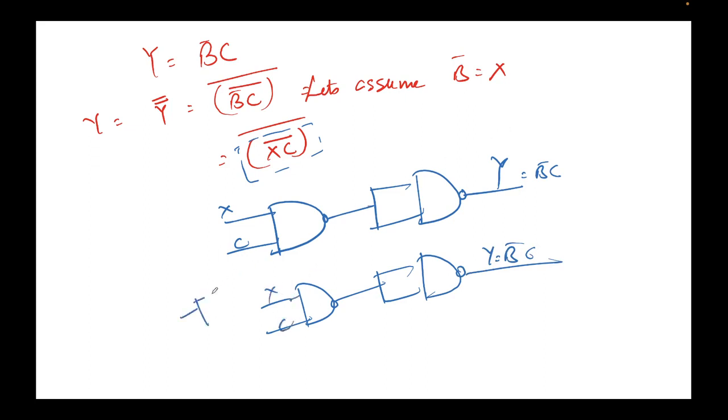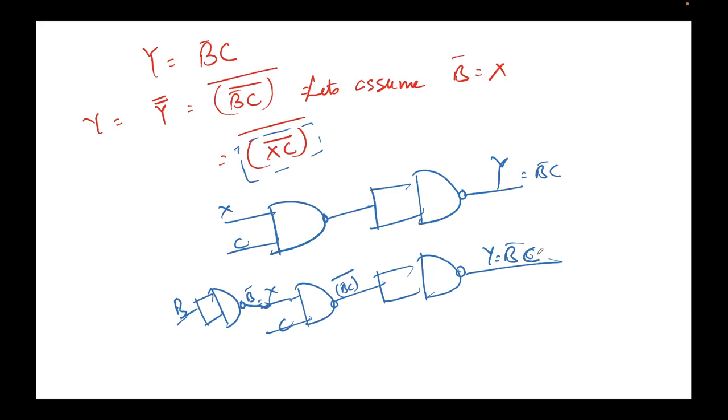So this is B. This will come out to be B bar, because we know that in order to create a NOT gate from a NAND gate, we just feed the same value to both the inputs and it behaves as if it's a NOT gate. So this value comes out to be B bar. So this value comes out to be B bar C bar, and then this B bar C double bar will come out to be Y equal to B bar C. So that's how we convert.